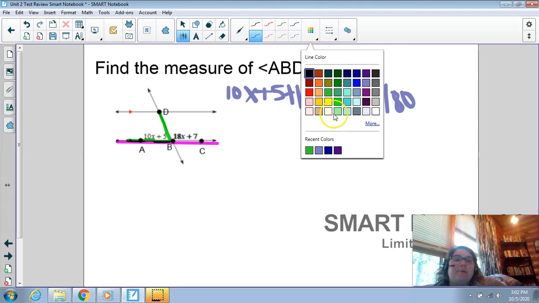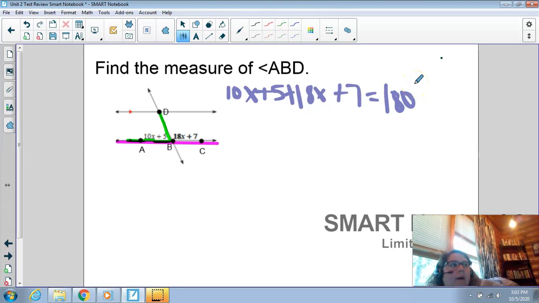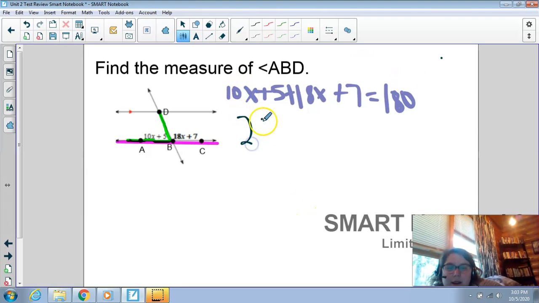Then I can go to Desmos and I can solve by plugging in all of these numbers, setting them equal to 180. It will be on a graph. It'll be a straight line through your x-axis, and that will be what x is equal to. Or I could just solve it right here, which I'm going to do.